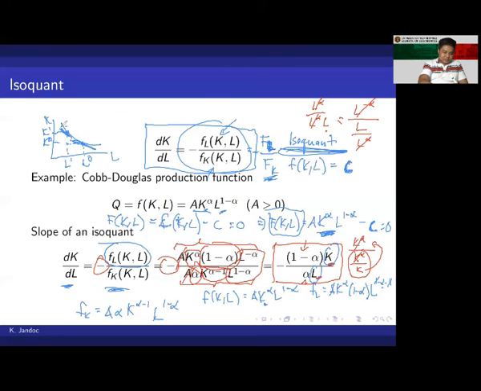It's a little bit steeper than at this level. So the slope of the isoquant also depends on K and L. But that's how you find the slope of the isoquant when you start with a production function, in this case, a Cobb-Douglas production function.